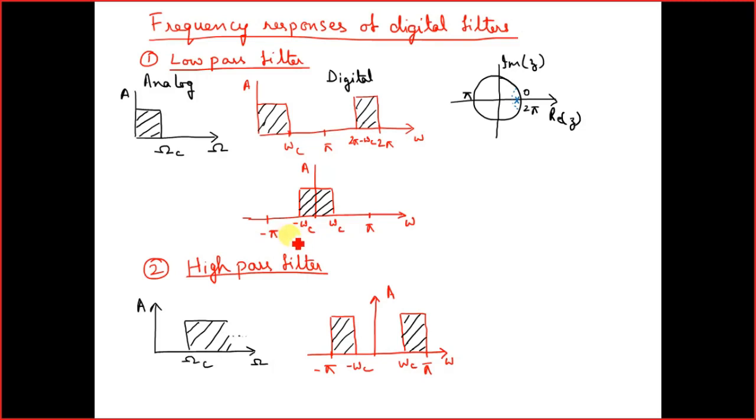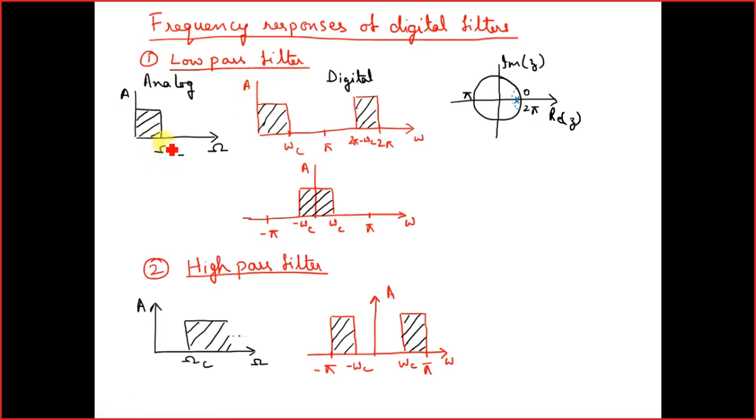Before we go into the designing of FIR or IIR filters, we need to understand the frequency responses of the digital filter. Let's first take the low pass filter. It is the simplest filter which we can design.